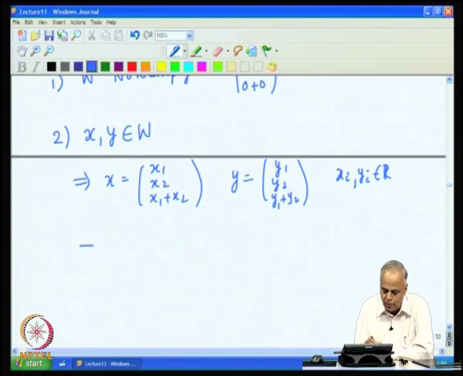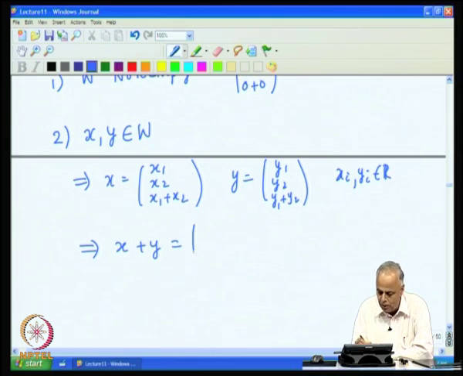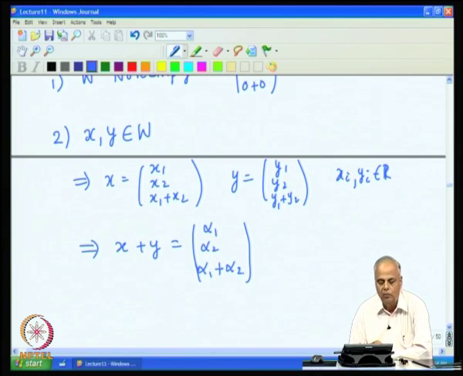If I add these two vectors, I get x1 plus y1, which I call alpha 1, and x2 plus y2, which I call alpha 2, and then the third component is alpha 1 plus alpha 2.